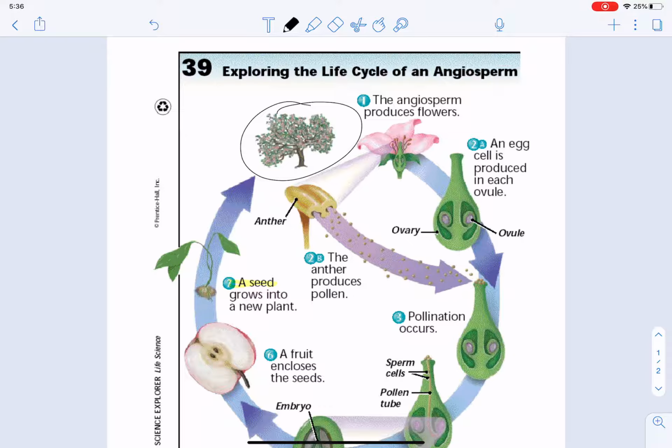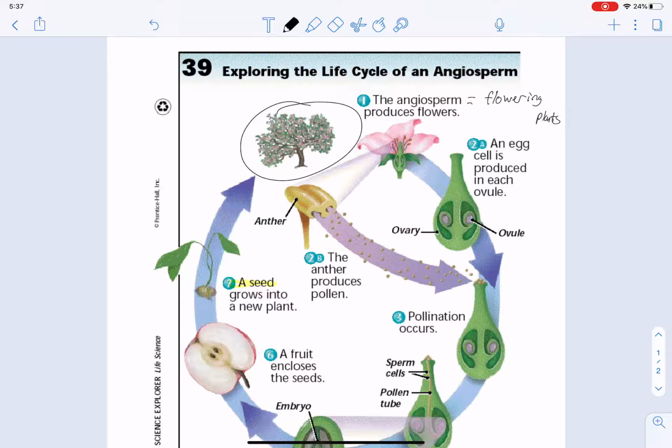And again, for our purposes, we're going to be thinking of angiosperms. Angiosperms are flowering plants. So anything with flowers on it is going to be an angiosperm. Most plants you see are angiosperms. And flowers make up the reproductive parts of a plant.